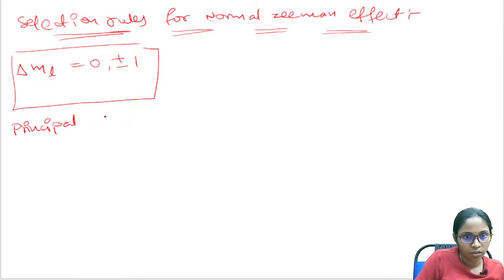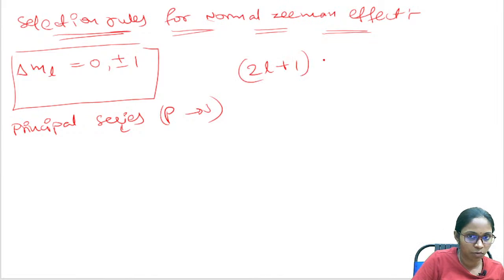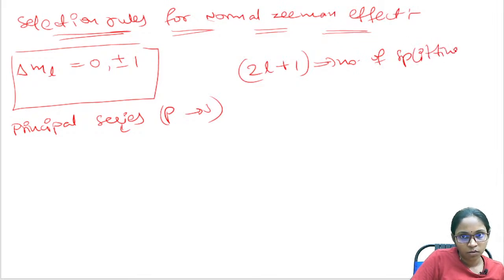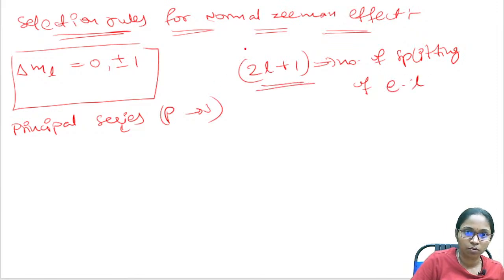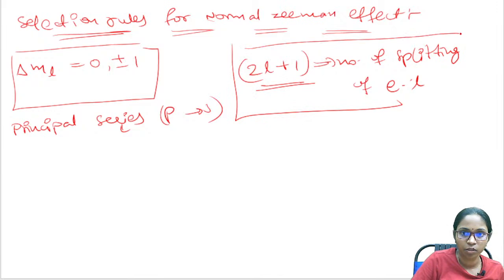For the principal series, the electron transition takes place from P to S. Here the number of splittings of energy levels will be 2L plus 1. One more important point, remember this.